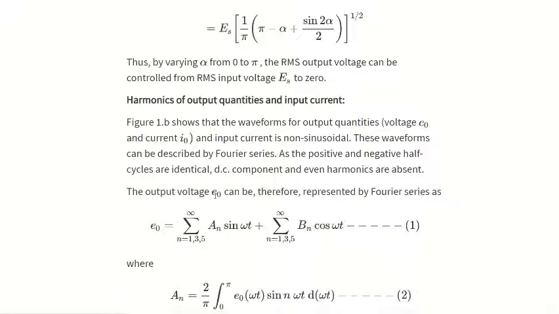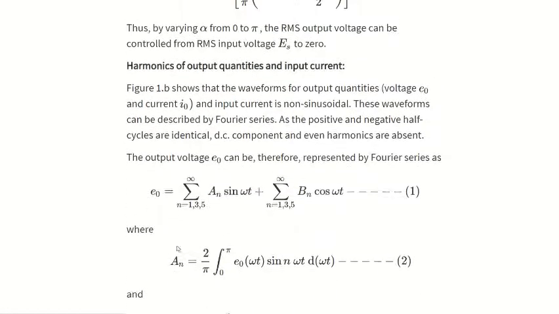So the output voltage E naught, that is the harmonic output voltage, which means measuring the AC component in the output voltage, can be represented by the Fourier series. So E naught, you can take it as the two components A and B, where An sin n omega t and Bn cos n omega t summation together will give us the Fourier series, which is nothing but the representation of the AC component.